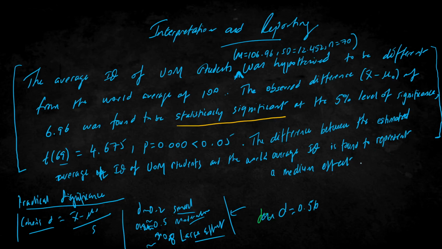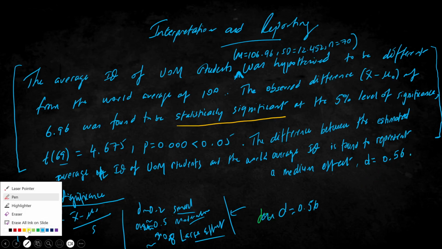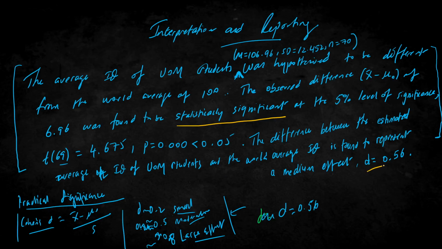We're saying that because the Cohen's d is equal to 0.56, and that's important. That's the practical significance of the result. This one represents the statistical significance, and the practical significance is represented by this one here.